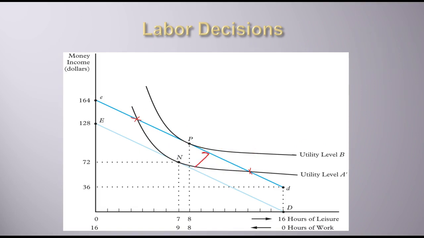You can move up to point P. And so what do we see here? We see that because of this non-labor income that you got, you went from working 9 hours to 8. And so your labor time went down by 1. And this is showing the income effect.